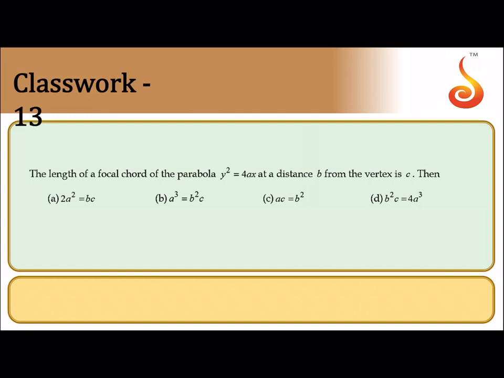Example 13. The length of focal chord of y square equal to 4x at a distance of b from the vertex is c. Then what is he asking? He is asking the length of focal chord of a parabola y square equal to 4x at a distance of b from the vertex. At a distance of b from the vertex is c. So this is given to you.